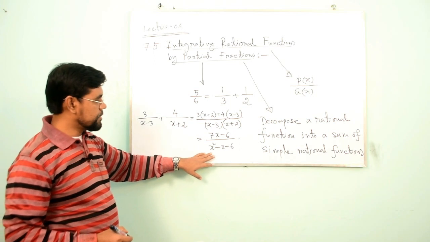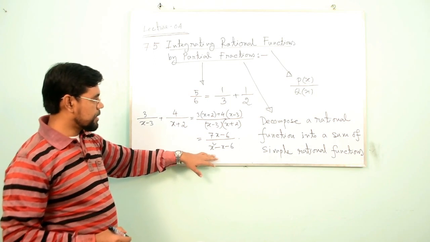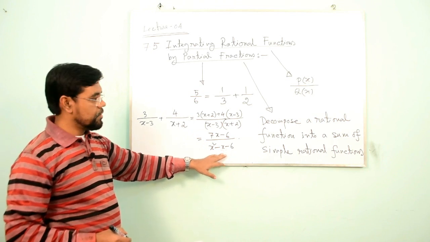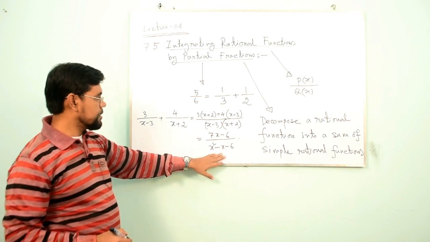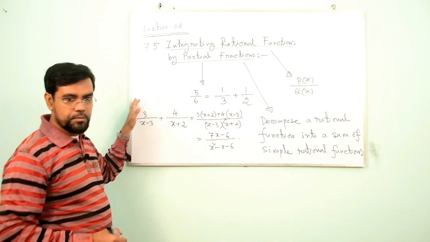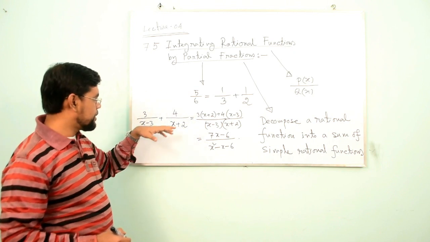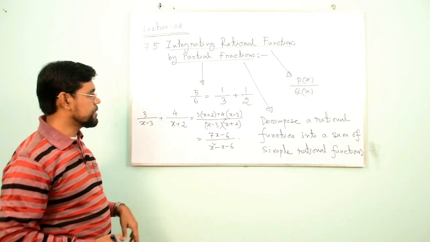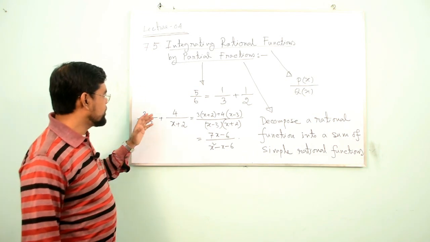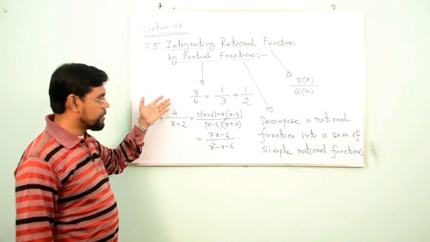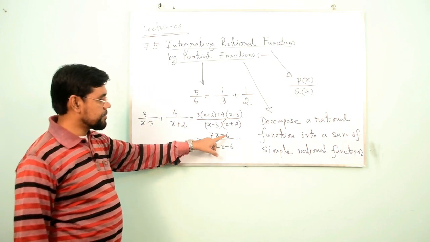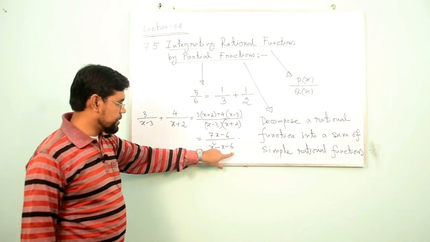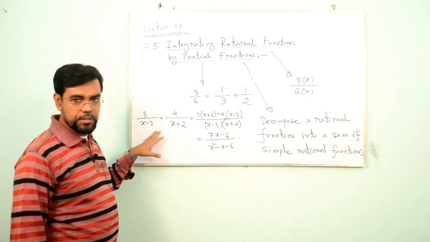But the question is, how can one come back to the left side if you are given a single fraction? The way you get back from a single fraction to the sum of two fractions is the technique of partial fractions. So how can one decompose or break down 7x minus 6 divided by x square minus x minus 6 into a sum of two fractions?